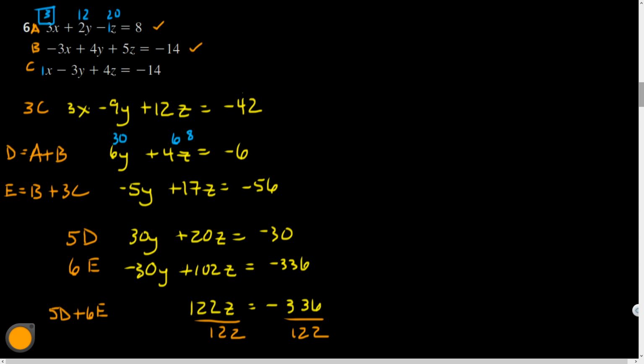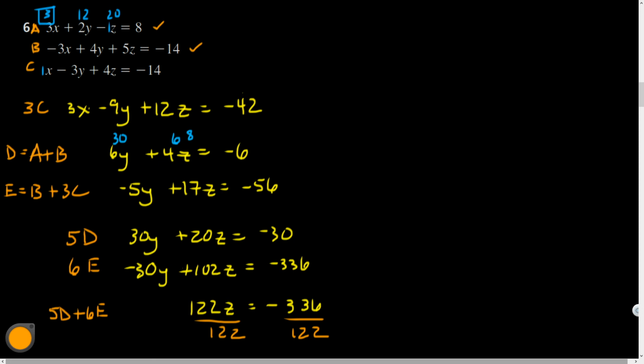Now, if I wanted to, I could plug that decimal back into z, and I could solve for y, and then I could plug in z and y and solve for x. But I'm going to do a quick check and see if I don't believe I gave you a problem like that. No, I'm not supposed to have this.